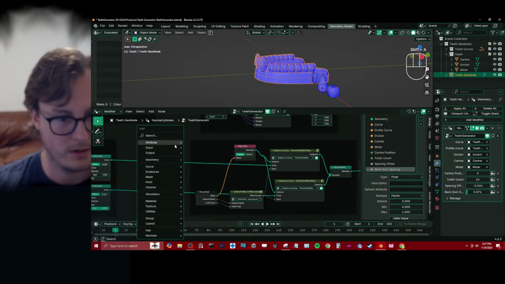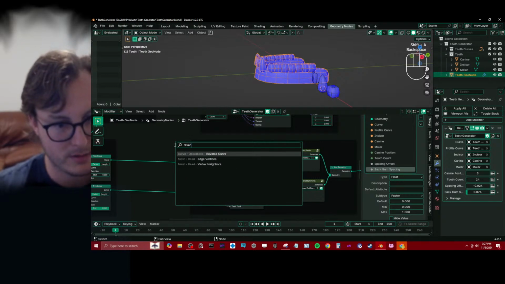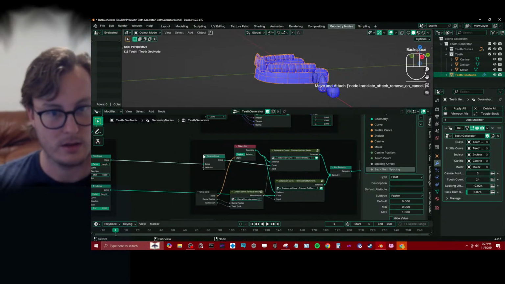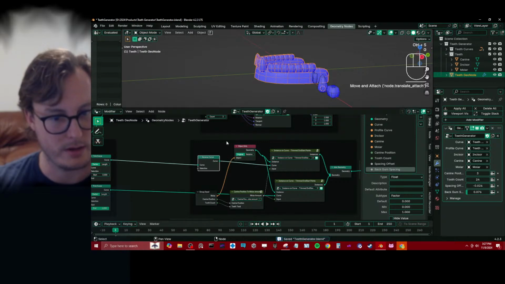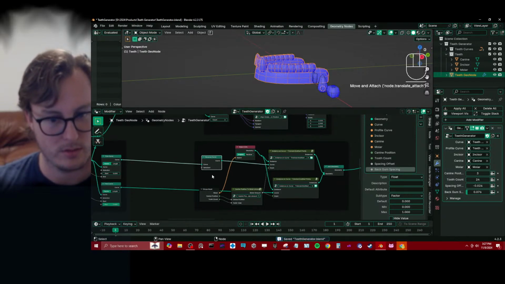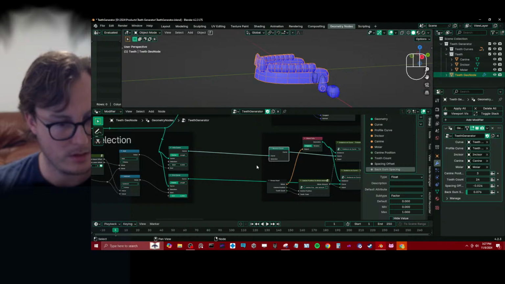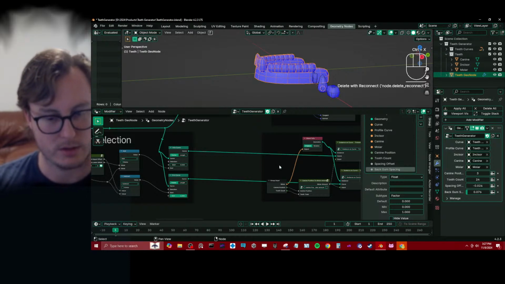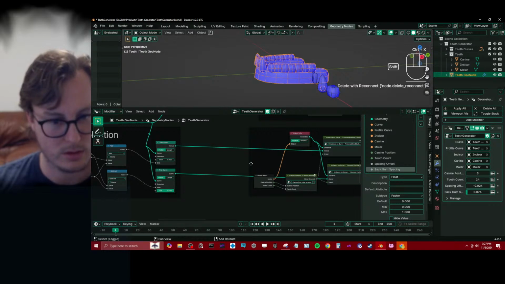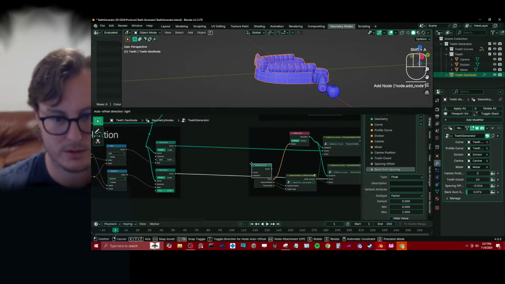Reverse curve. Did I see that? Did I not? Not gonna look any different. That gives me a... actually the other one I want to switch. Reverse.